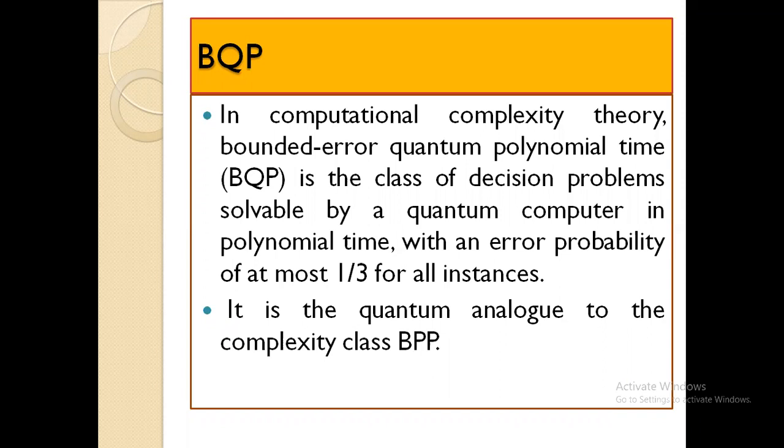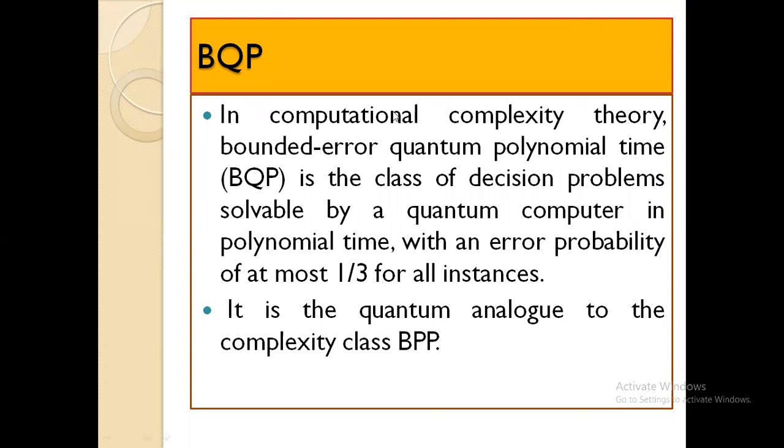If a particular problem can be solved by a quantum computer in polynomial time with a maximum error probability of 1/3, then that is known as bounded error quantum polynomial time.